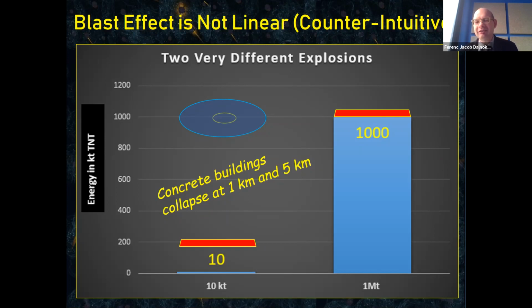There's no way that they can tell whether it's a low yield or a large yield explosion. It's just impossible to know, especially during the fog of war. So you would expect to get massive retaliation. So the concept that it could be used as a battlefield weapon is very dangerous on many levels, because we don't really know how another country would respond to something like this.